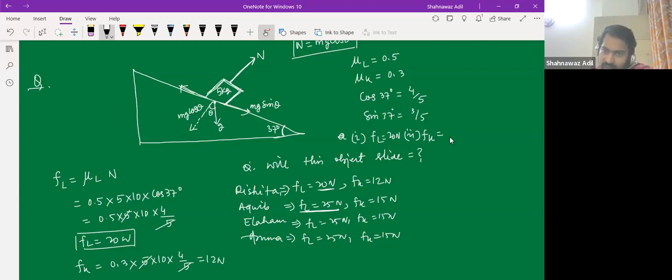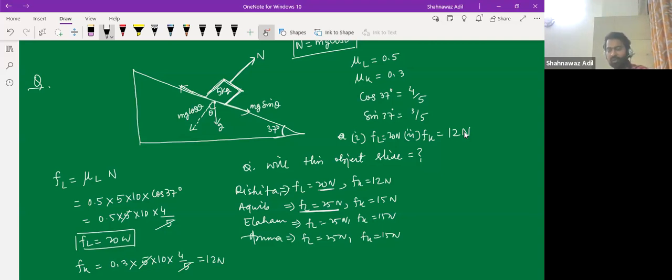So FK is 12 Newton, and you tell me which component will contribute to the sliding part.